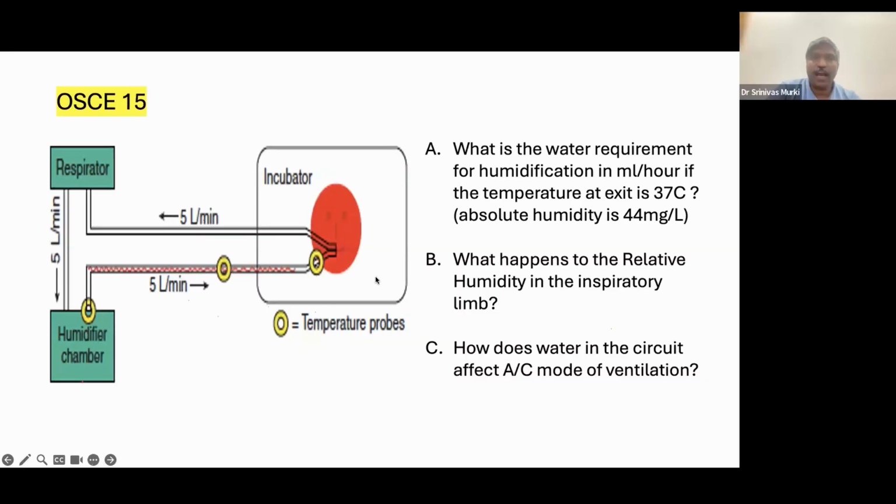Can we calculate the water requirement? 5 liters per minute is the flow, the exit temperature is 37, and absolute humidity is 44. Assume that the gas coming to the humidifier has zero humidity, because the compressed gases do not have much humidity.